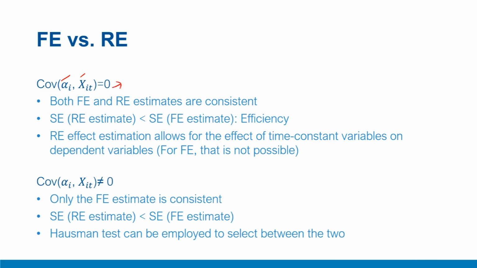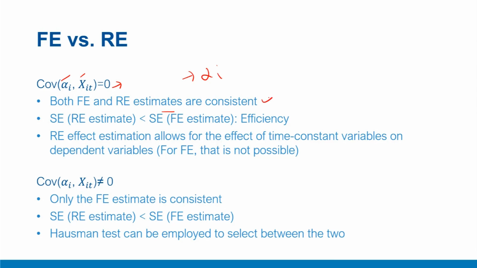If it is equal to 0, maybe for different reasons, for example, probably we have accounted for all the relevant variables so that the magnitude and variance of alpha is very small, then both the fixed effect and random effects are consistent because all those problems related to endogeneity and so on are not there.